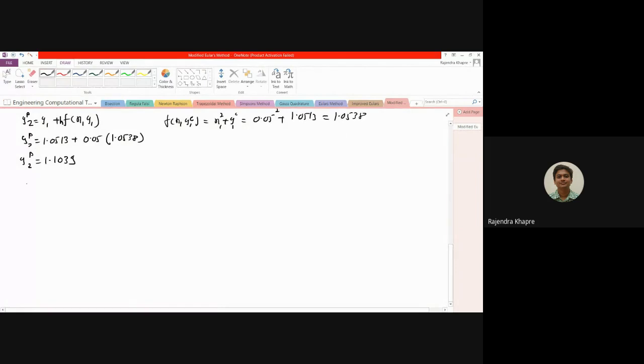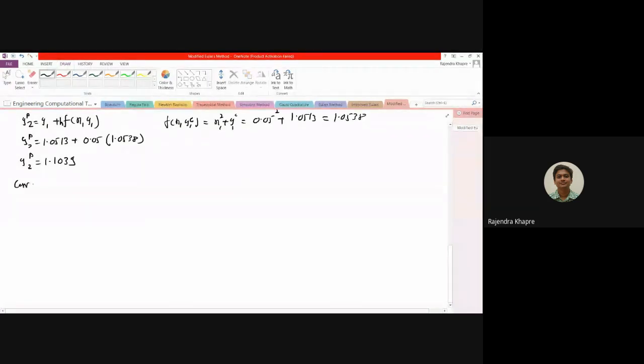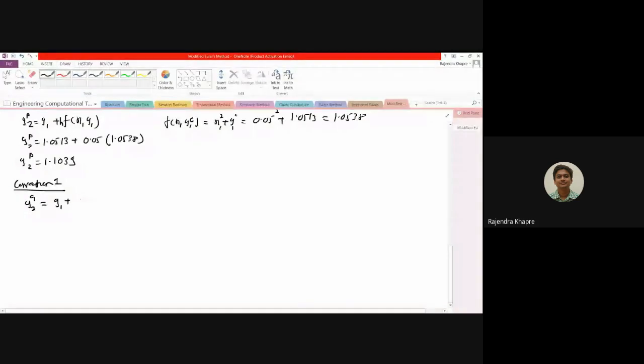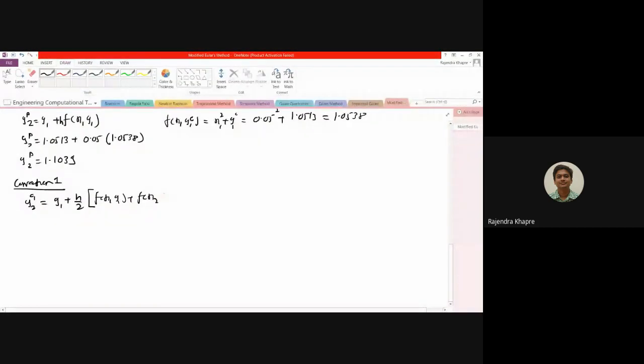Let us go for the first correction. The y2 corrected for the first time will be y1 plus h by 2 into f of x1 y1 plus f of x2 y2, where y2 will be the latest value, that is the predicted value.